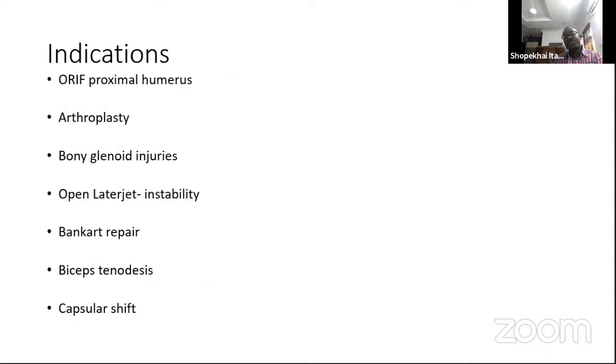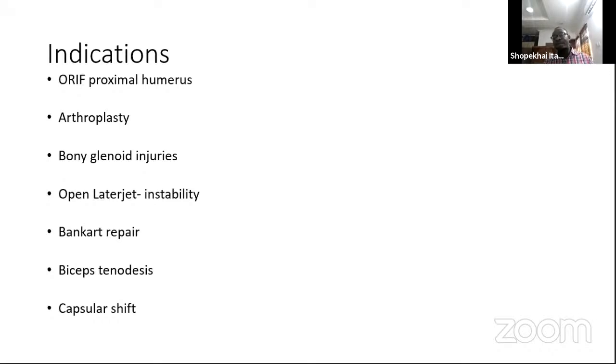So indications will be already for the proximal humerus, arthroplasty, bony glenoid injuries, where you have fractures, bony Bankarts, open Latarjet for instability. And you could use this approach to do a Bankart repair using the open method if you do not have the skill or facilities for the arthroscopic Bankart repair.